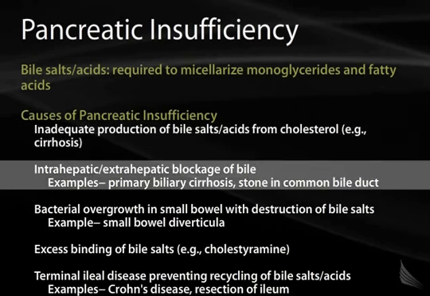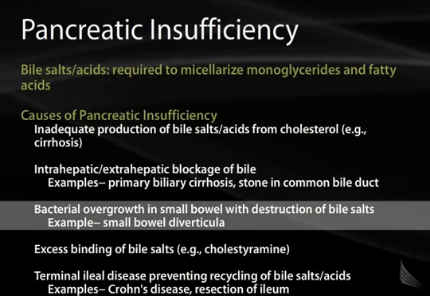When there's intrahepatic or extrahepatic blockage of bile, this can occur in primary biliary cirrhosis, or if there's a stone in the common bile duct impairing release of bile from the gallbladder. This can often present with pain because cholecystokinin will stimulate secretion of the gallbladder, and if release of biliary bile salts does not occur, there's increased pressure in the gallbladder and cause pain.